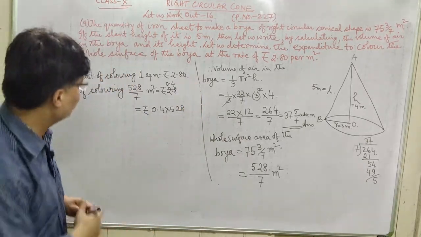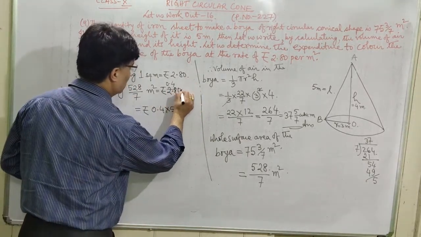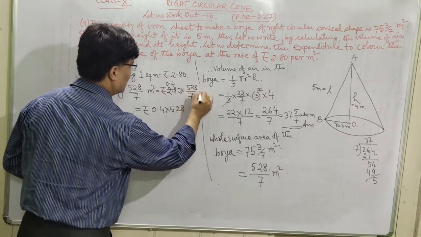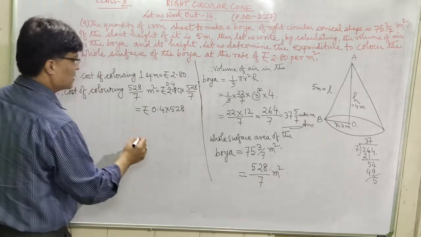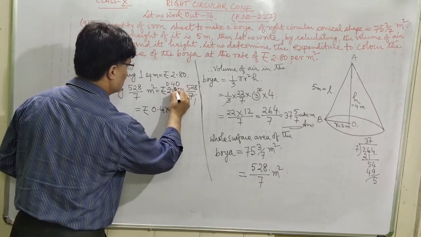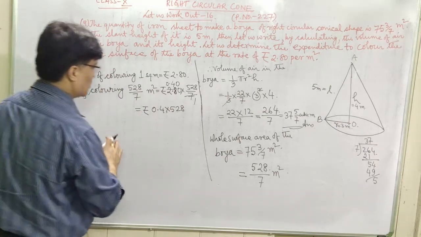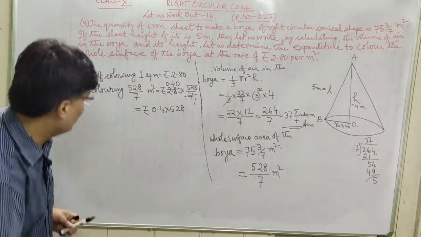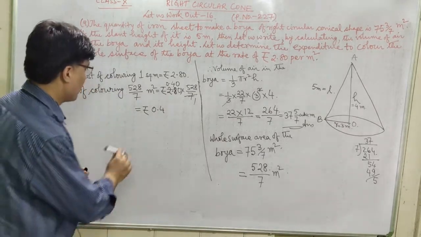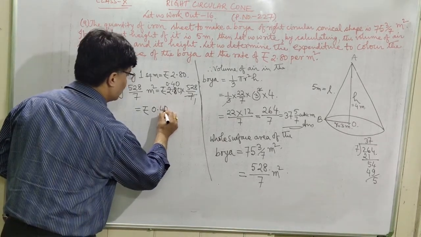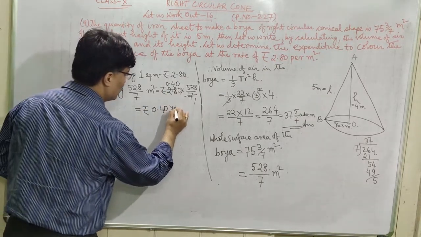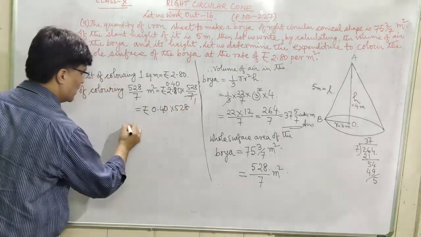Don't cancel that 0. 2.80 into 528 divided by 7, right? 7 ones are 7, 0.40. So that is 0.40 into 528. Don't cancel this 0. 0.40 into 528. So let us simplify it.